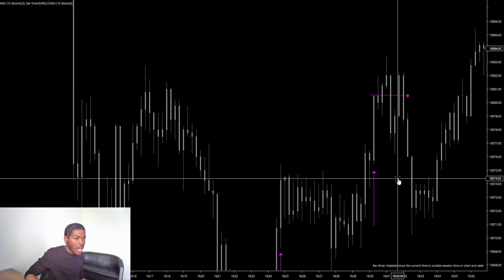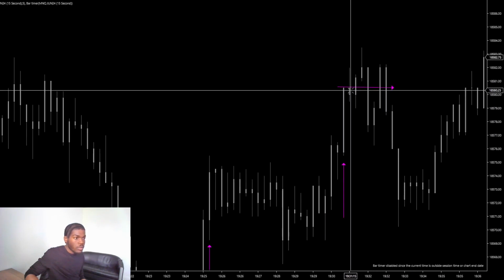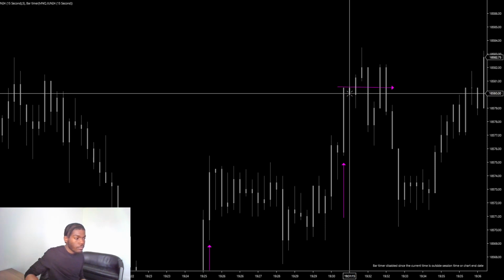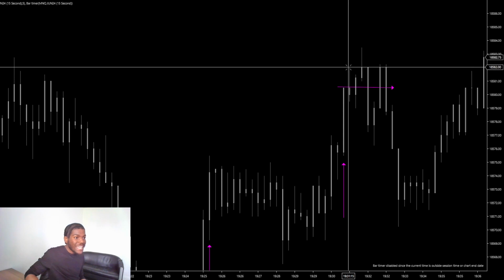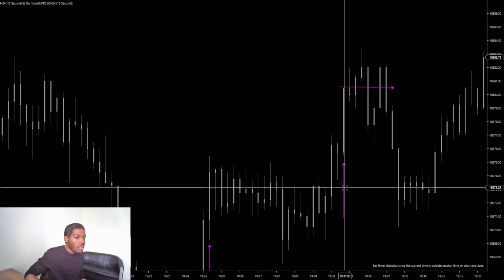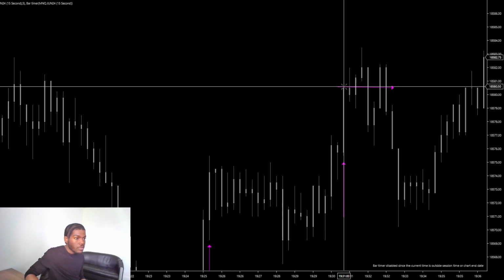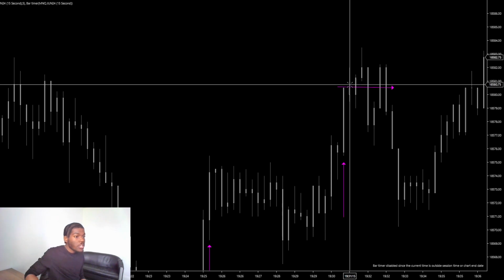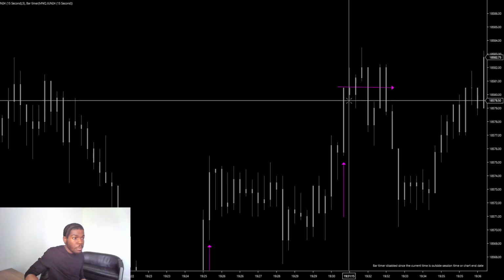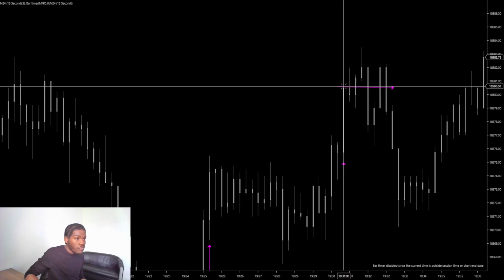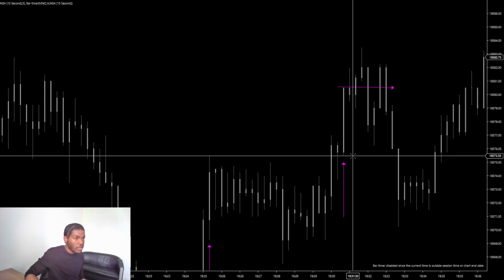We see a down candle here that put in a higher high than the up candle's high. So a down candle has put in a higher high above the up candle's high.